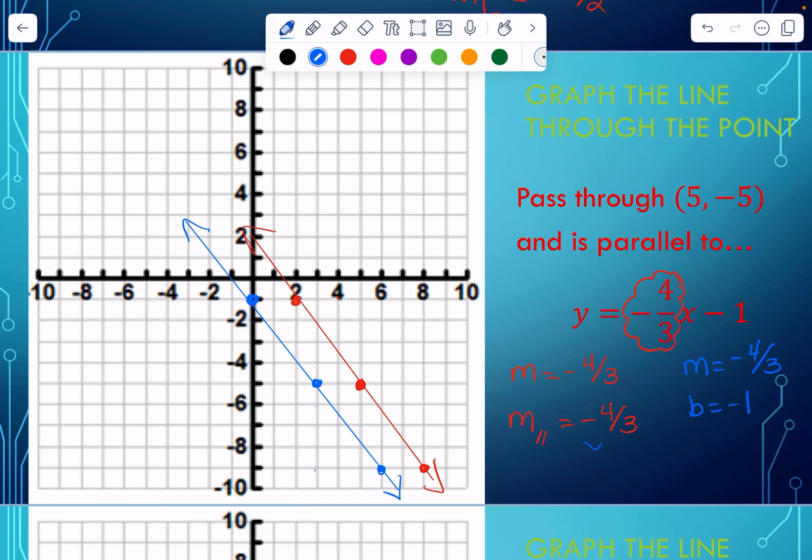When you look at the slope, remember the slopes are the movement, how it's moving. So on the red line, I'm moving up 4, left 3, up 4, left 3. On the blue line, I'm moving up 4, left 3, up 4, left 3. So they're moving at the exact same rate of change. If you think about it, let's use cars as an example.